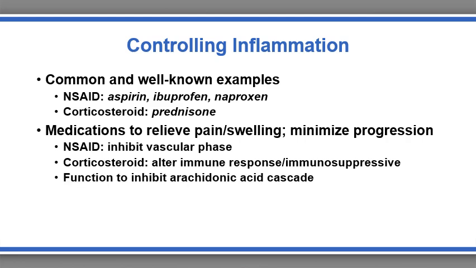The anti-inflammatory medications function to inhibit various parts of what we call the arachidonic acid cascade. The arachidonic acid cascade basically involves some enzymes that produce the inflammatory response, and we'll discuss this. NSAIDs act as both an anti-inflammatory and an analgesic. NSAIDs target cyclooxygenase, which is a rate-limiting enzyme that produces prostaglandins.